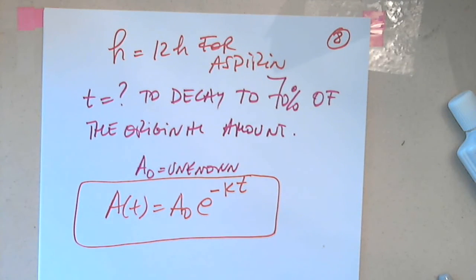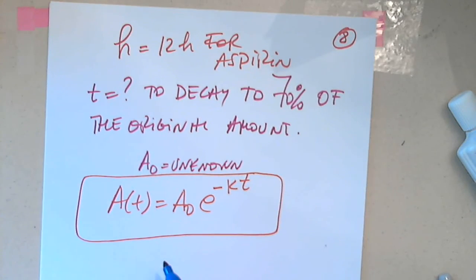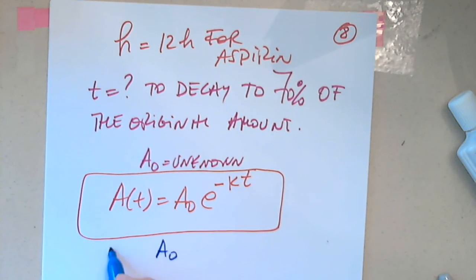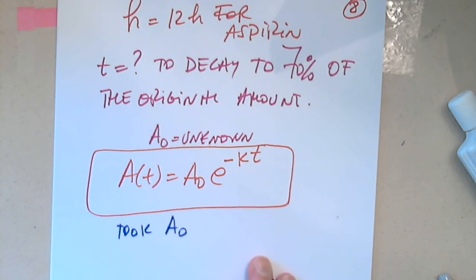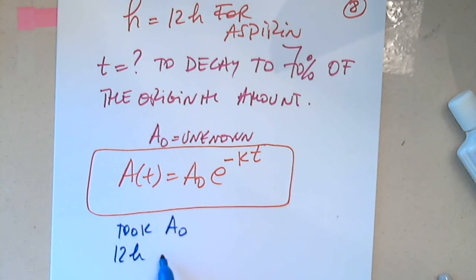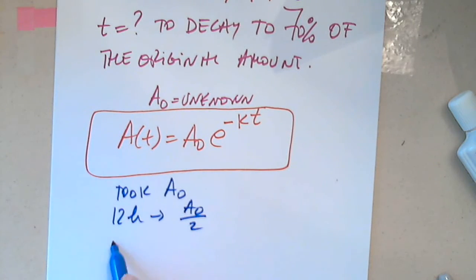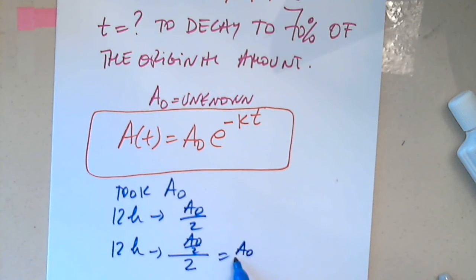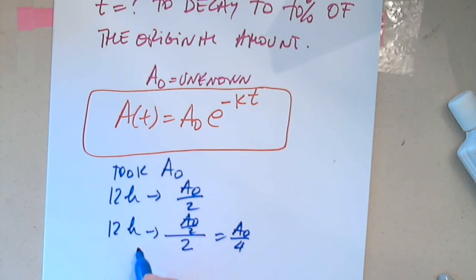So I do not have A0, but I took A0, and 12 hours later I have A0 over 2. Another 12 hours later I have this amount, A0 over 2, which is A0 over 4, and so on and so forth.